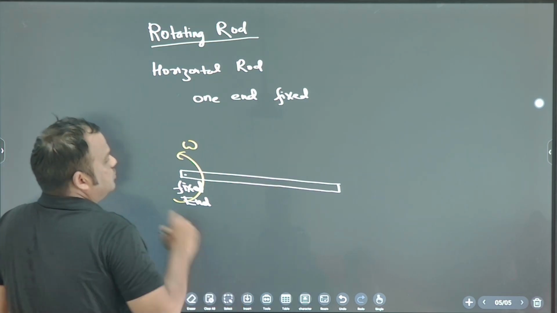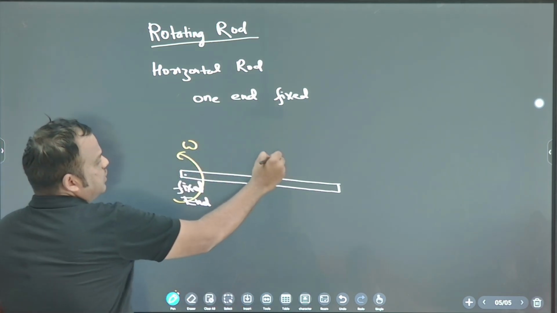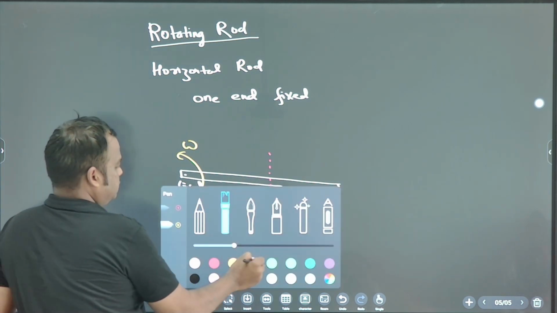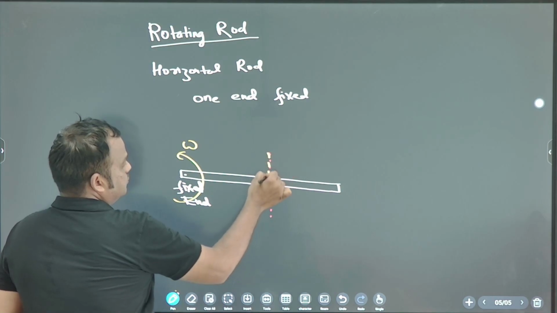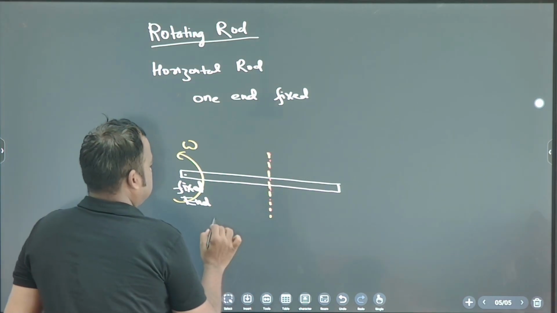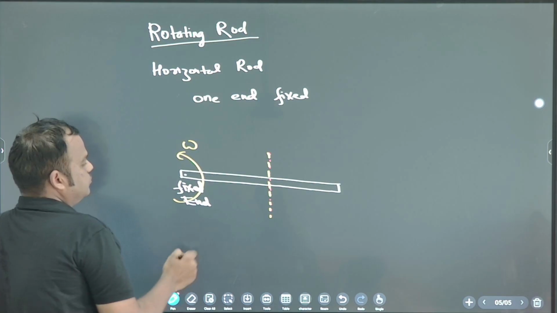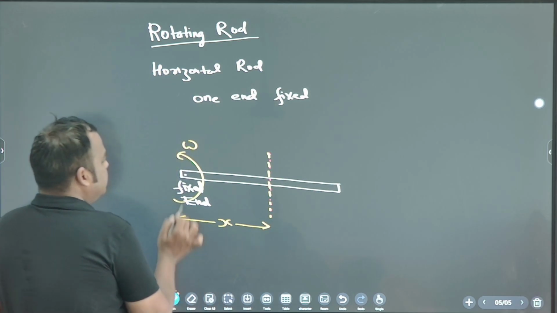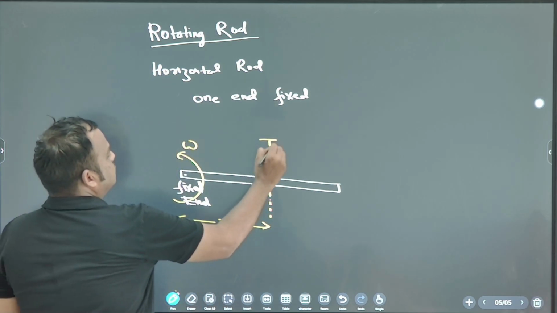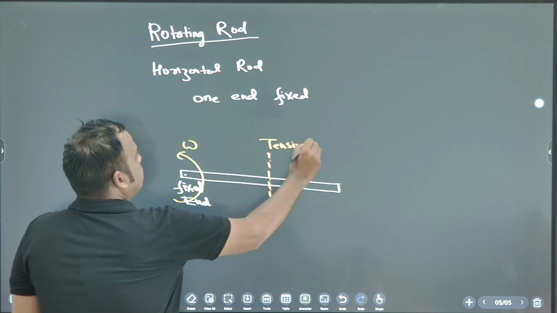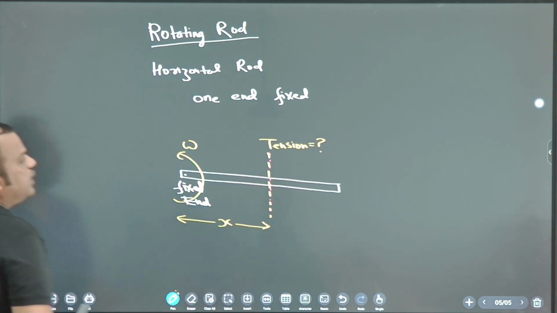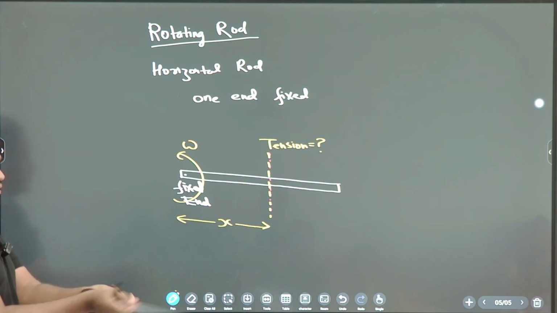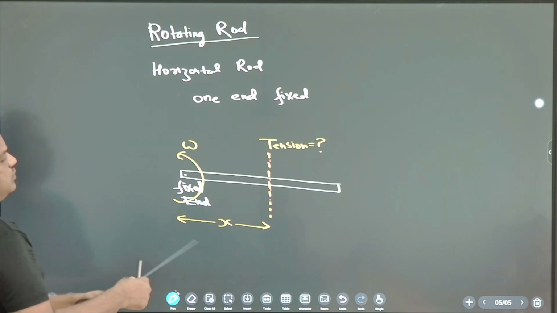You have to find what is the tension at x distance from the fixed end. What is the tension at x distance? It is horizontally rotated.